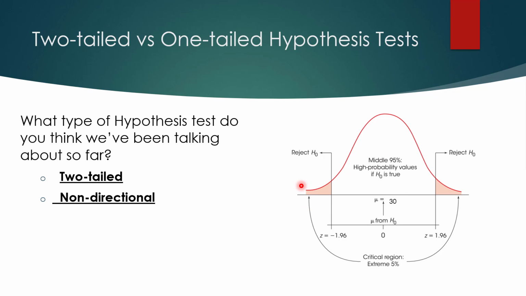So that's a two-tailed test, and it's non-directional. When we stated our hypotheses, we didn't say which direction from the mean we expected the treatment to change things. We just said that our treatment was going to cause the mean of the new population to be different from the original population mean.